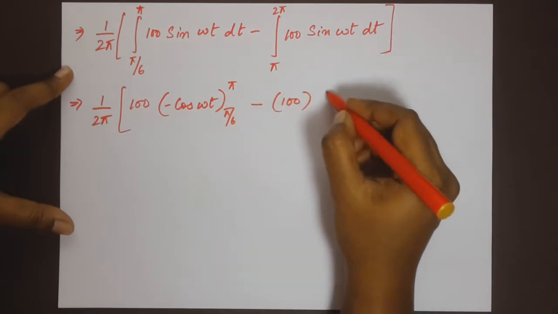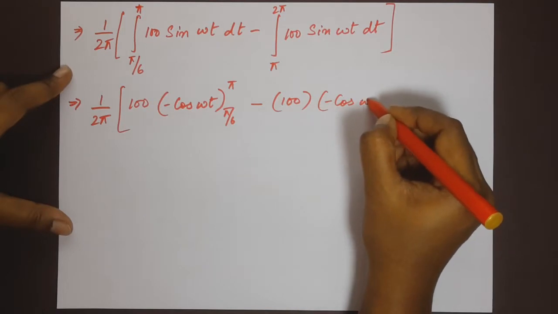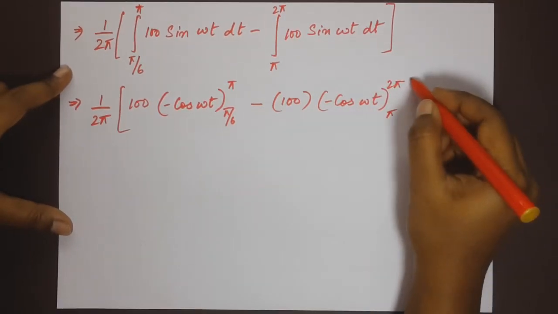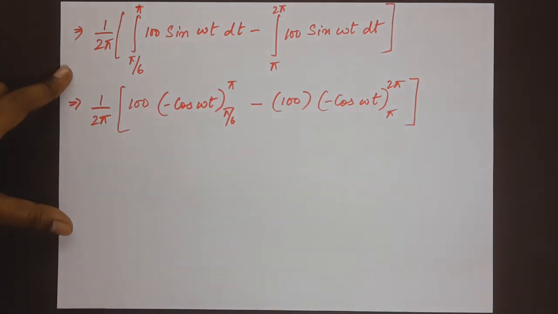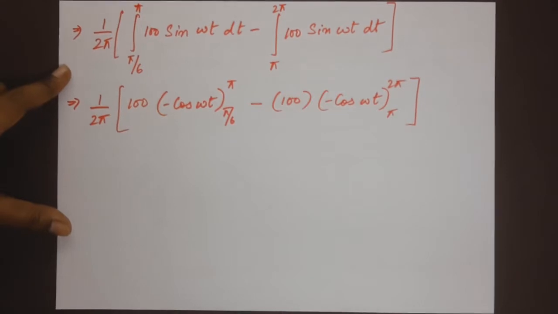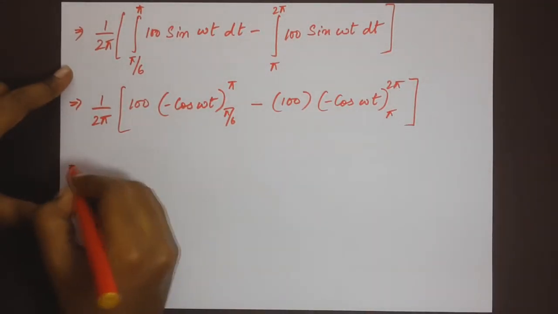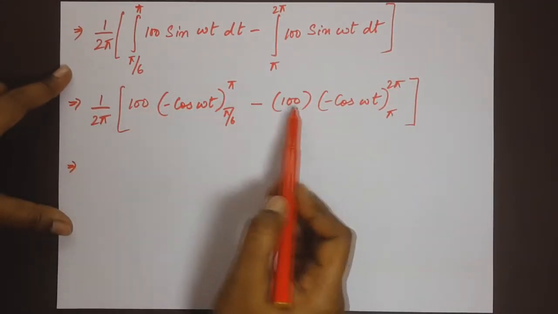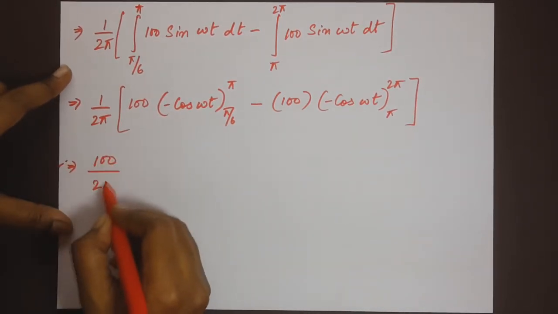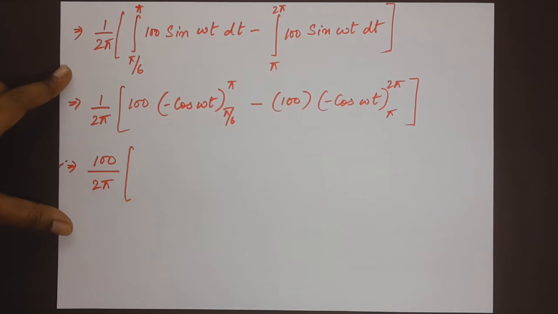Again the integral of sine will give us minus cos omega t at the limits of pi to 2 pi. Let's plug in the values of pi by 6 to pi and here pi and 2 pi. We'll take 100 out common as well. So that's 100 divided by 2 pi into.